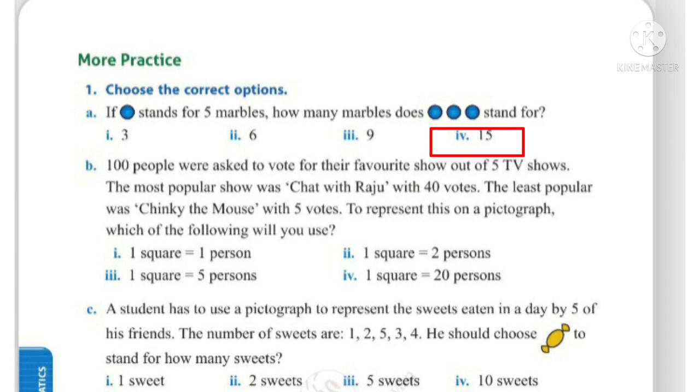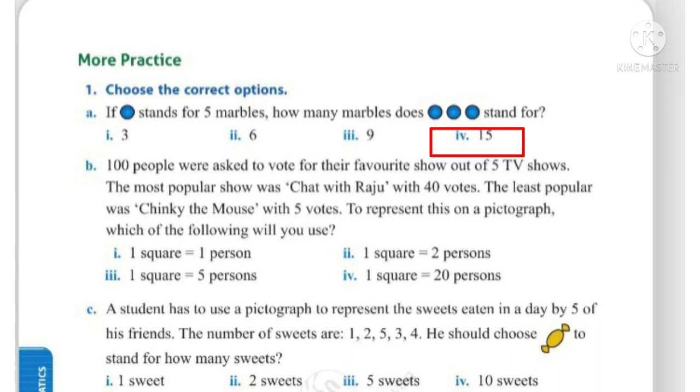Now the next question. 100 people were asked to vote for their favorite show out of 5 TV shows. The most popular show was Chat with Raju with 40 votes. The least popular was Chinky the Mouse with 5 votes. To represent this on a pictograph, which of the following will you use?